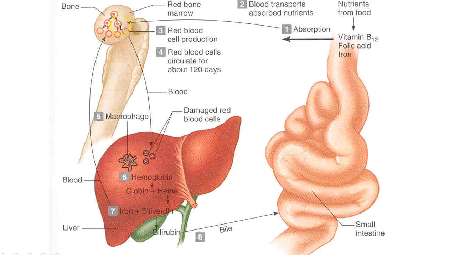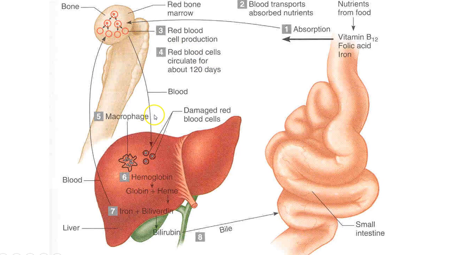So just to give you an overview, make sure you're making some highlights here. Red blood cells are produced in the bone marrow. They do their thing and then they die. What's going to happen is the protein, which is the globin part of hemoglobin, the amino acids that make up the protein, are going to be recycled back into the bone marrow to be used again.